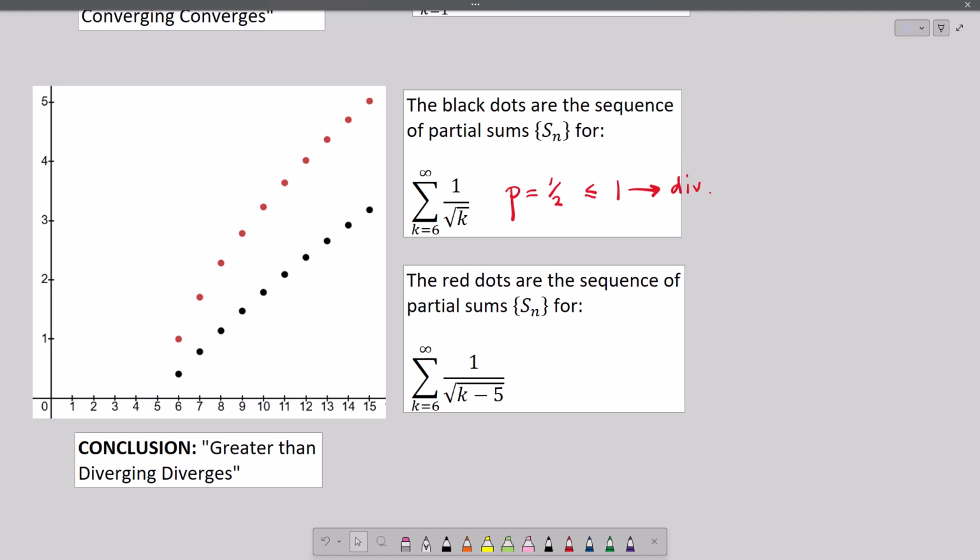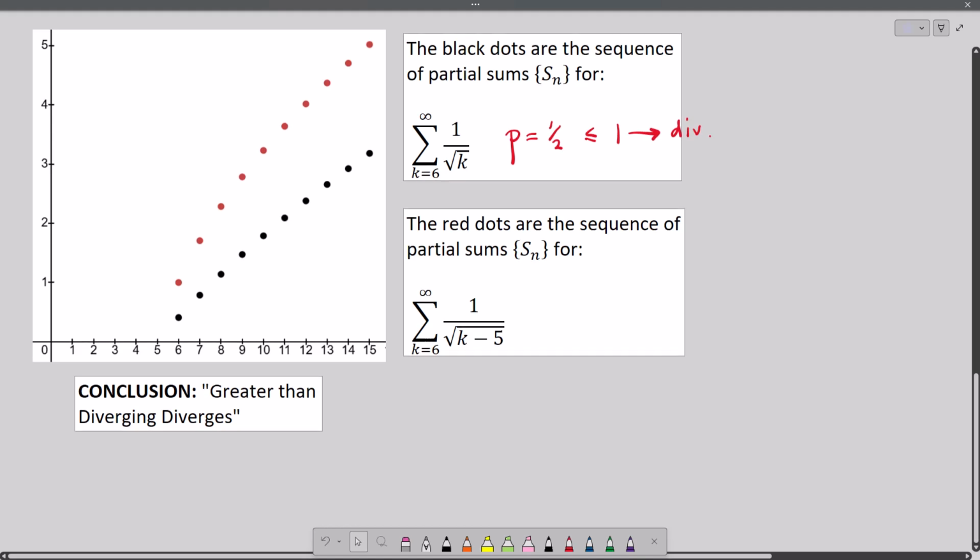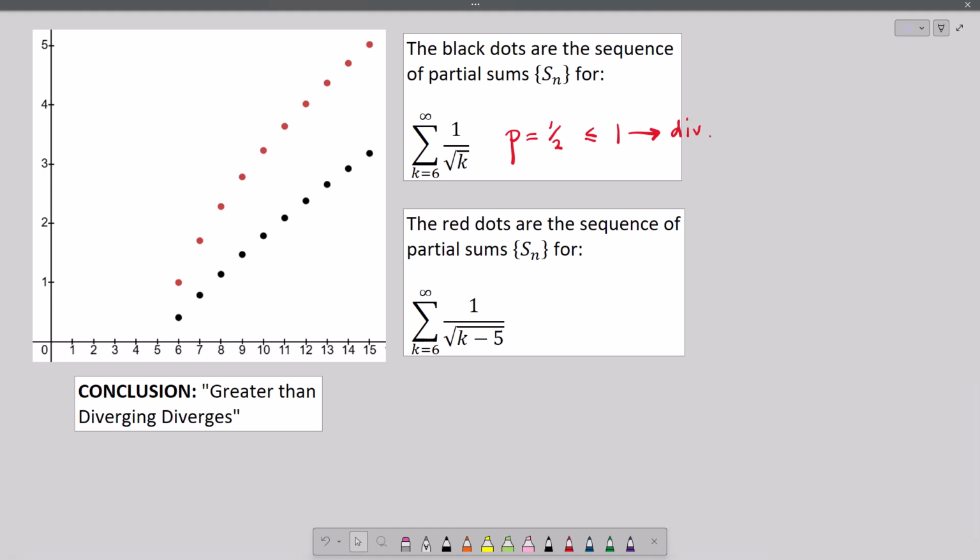Now we look at this series. This is our a sub k series. Do we see that a sub k is greater than b sub k? Yes, we do, because taking 5 away shrinks the denominator, which makes the fraction bigger. Smaller denominator, bigger fraction. So this is bigger than that.